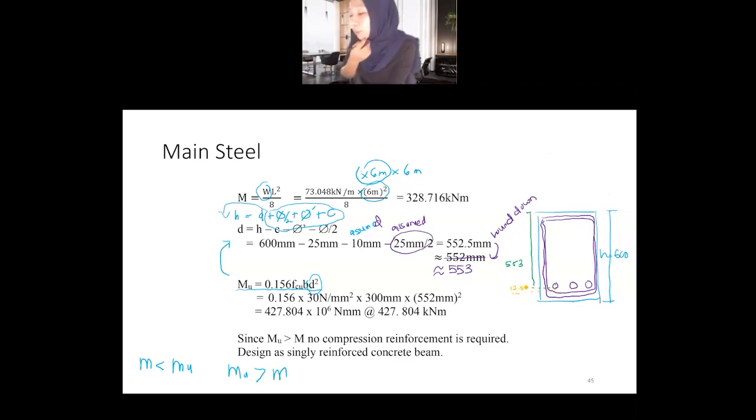So 25 I bagi 2 jadi 12.5. And then I ada link here which is I assume dari awal tadi 10 mm. And then I ada concrete cover which is 25. Okay, kalau you add all 553 plus 12.5 plus 10 plus 25, you akan dapat 600.5, which means HU adalah 600.5.